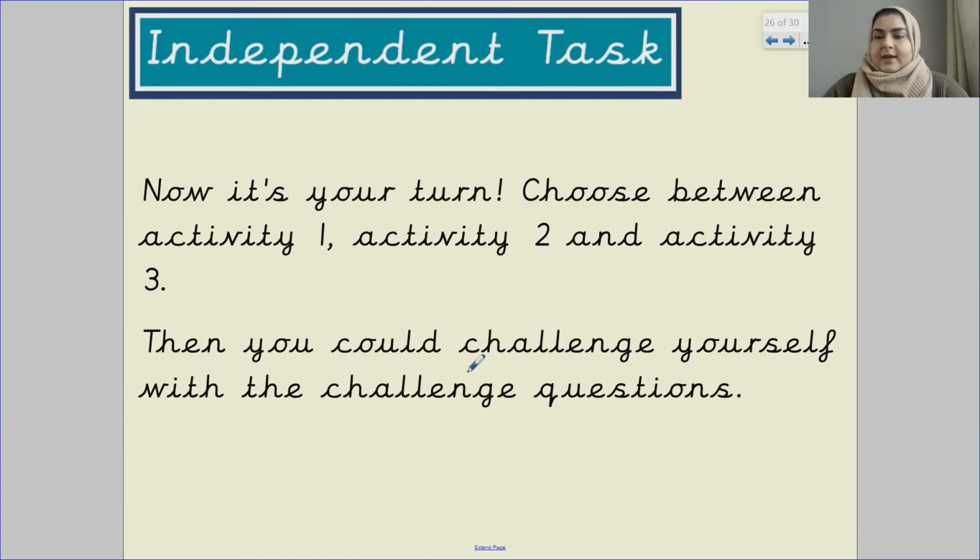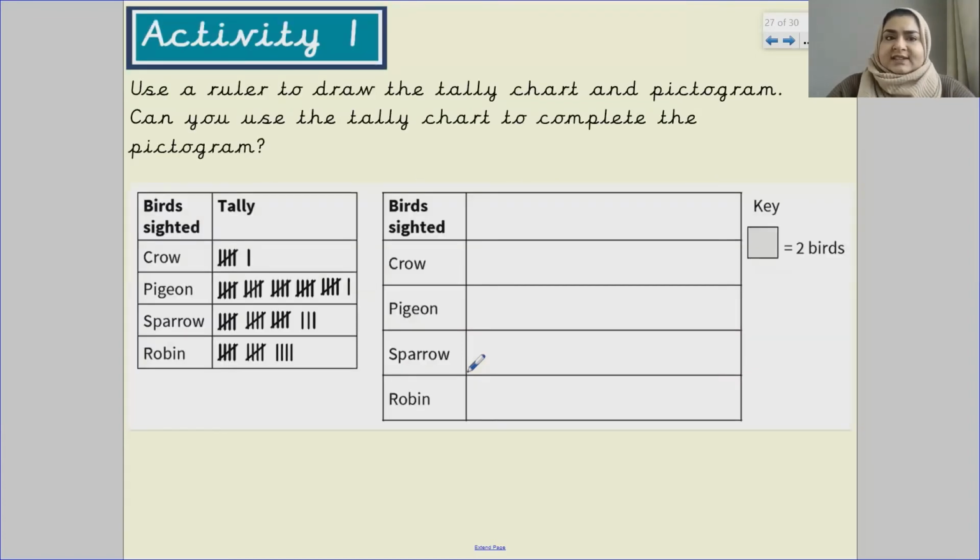Okay, now activity 1 says use a ruler to draw the tally chart and pictogram. Can you use the tally chart to complete the pictogram? I'm just going to show you how I would like you to draw it. So it shows me here I've got 2 columns and I've got 1, 2, 3, 4, 5 rows.